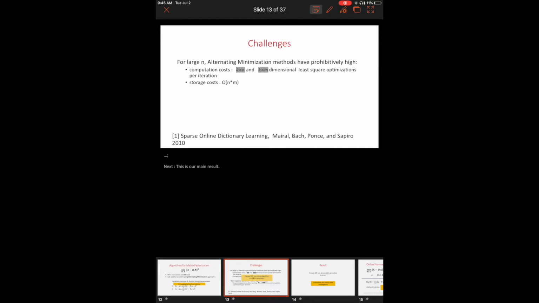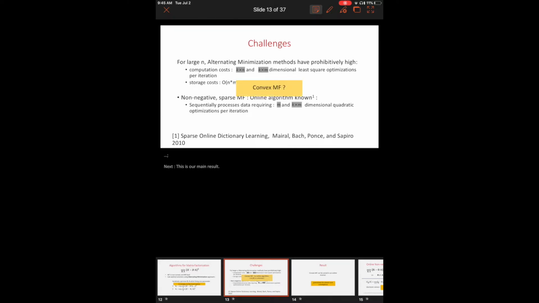But there exists an online algorithm that solves these problems in an efficient manner. So, for non-negative and sparse matrix factorization, an online algorithm is known that sequentially processes the data and solves small, constant-sized convex problems in each step.